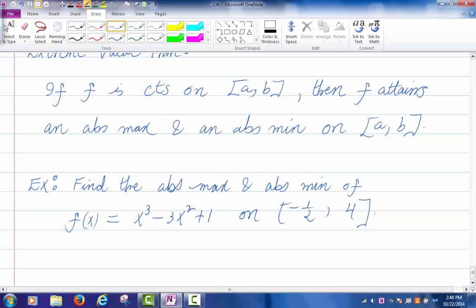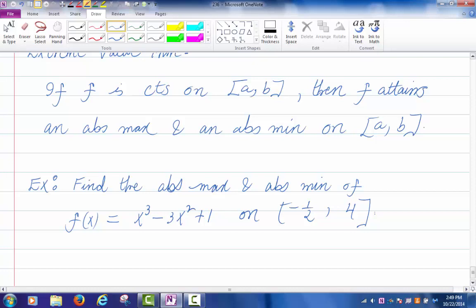Remember the interval is a finite interval, right? If you have a function defined on -∞ to +∞, for example, or on an open interval, there may not be an absolute maximum or an absolute minimum. Am I making sense? For example, if I ask you what is the absolute maximum value of this function over -∞ to +∞, what would you say?